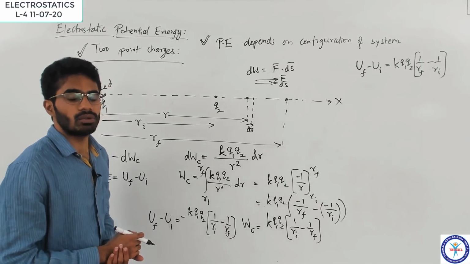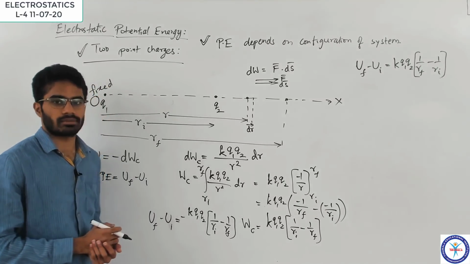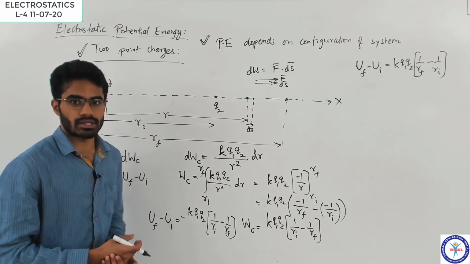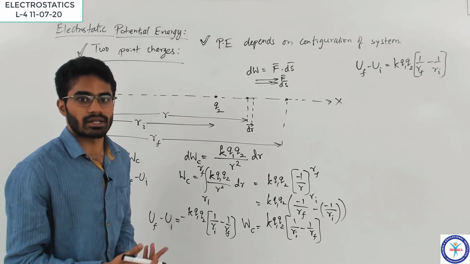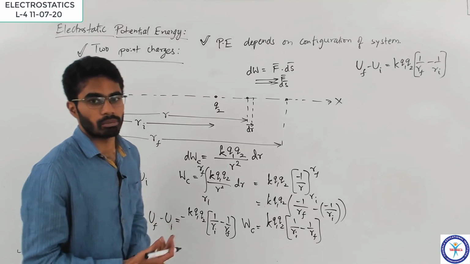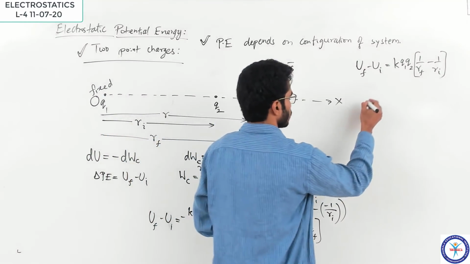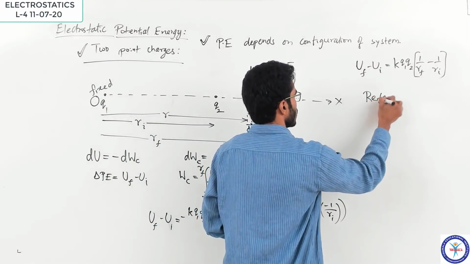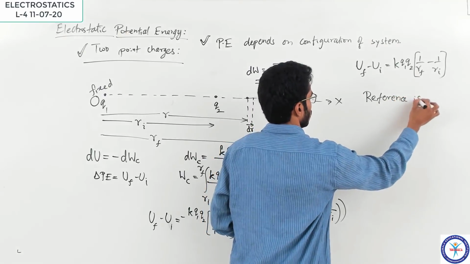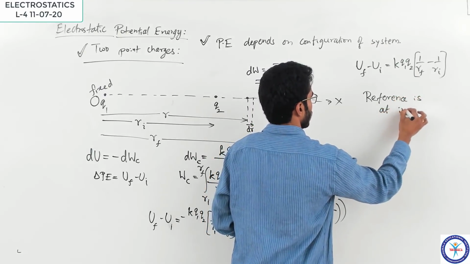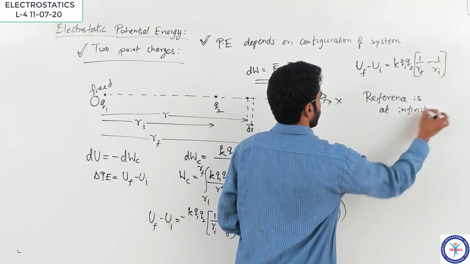But normally we use potential energy terms like mgh, minus GMm by r, etc. So how do we do this? By taking a reference. In all cases, generally, the reference is considered at infinity.